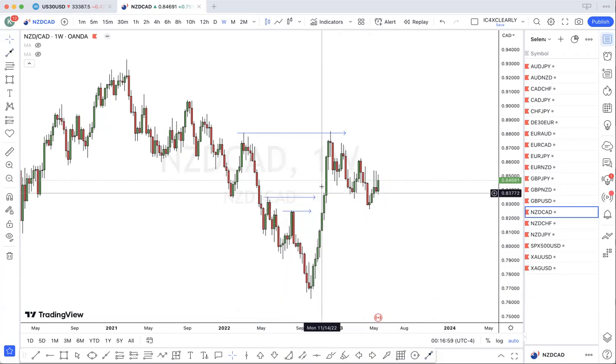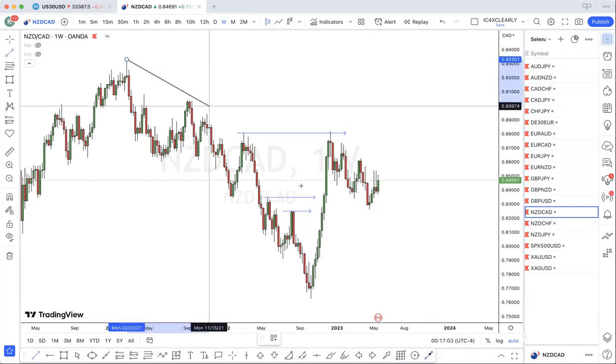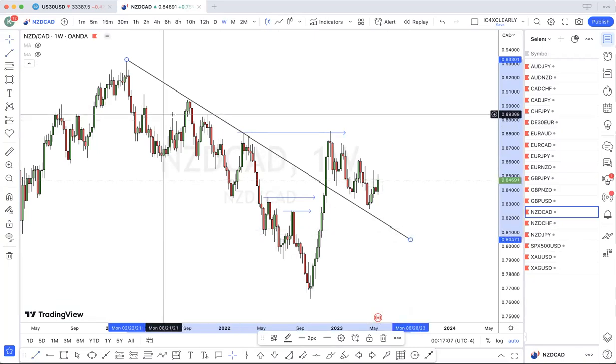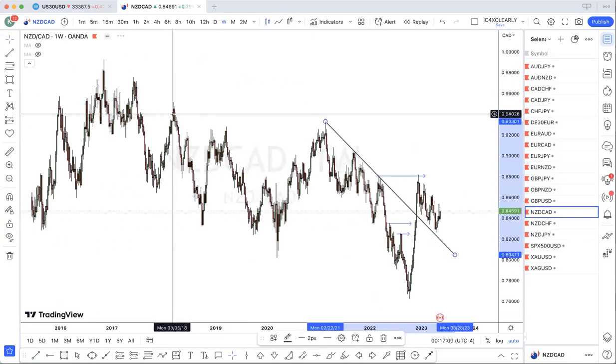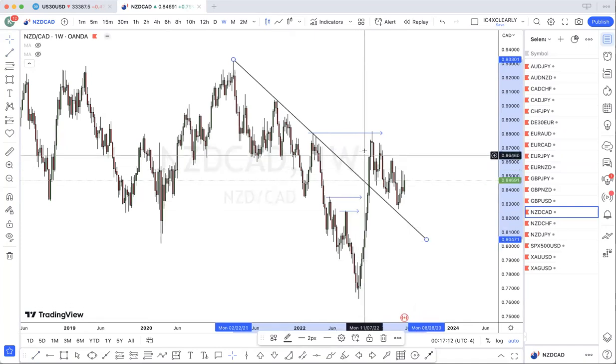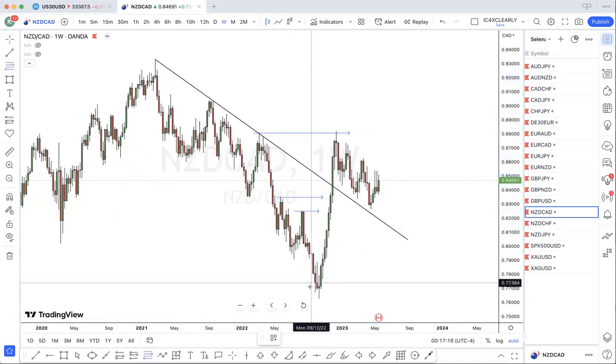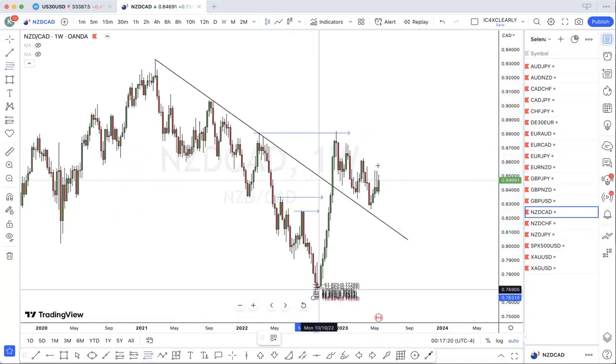So we had this impulse move. Let's see what happened. You had this impulse move that broke structure, has pulled back, and let's fib it and see where it pulled back to.